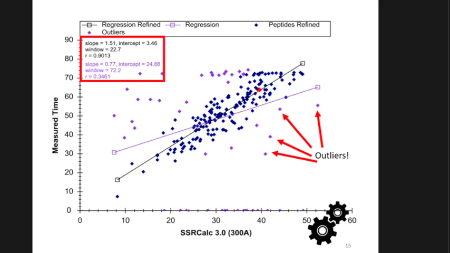So I'm going to change gears a little bit. I wanted to stop and see if there are any questions about SSRCalc and the regression view in the retention time pane. When you're running a complex sample, what we expect, the regression R-square is going down usually?